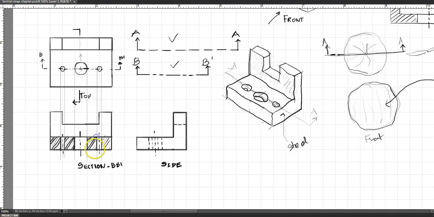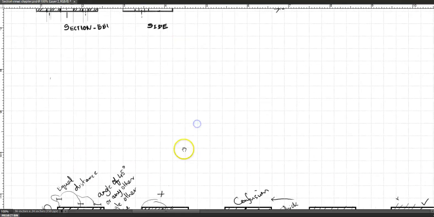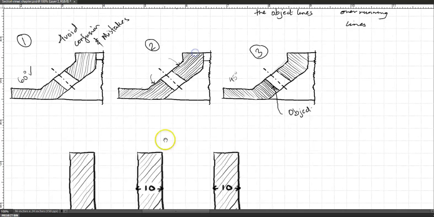The reason being, because this is a standard. Everyone in the world knows that this hatching pattern is used for steel. So he doesn't have to confuse this object to be like a wooden block. Okay, he knows it is steel. Why? Because you use the right hatch pattern, which is for steel.